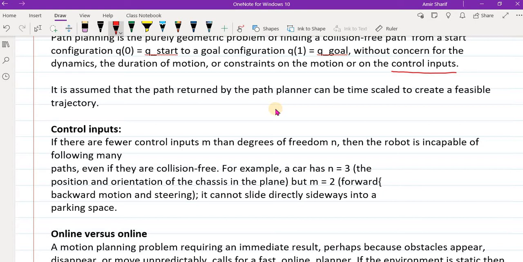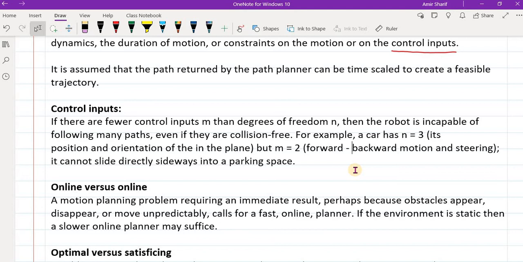Control inputs: if there are fewer control inputs m than the degrees of freedom n, then the robot is incapable of following many paths. So it is about the controllable degrees of freedom and the actual degrees of freedom.